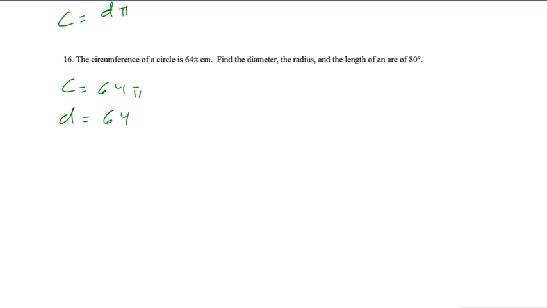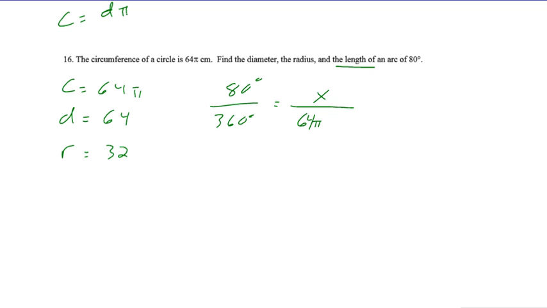The radius is half the diameter, and the length of an 80-degree arc, 80 degrees of the full 360 degrees of the circle, equals, and we're talking length now, so we're going to use the circumference, 64 pi. And I don't know what the arc length is yet.